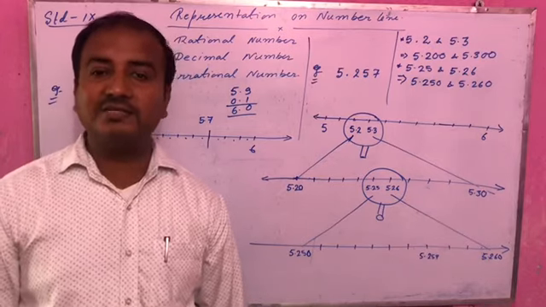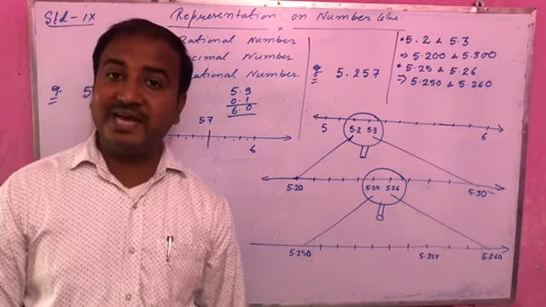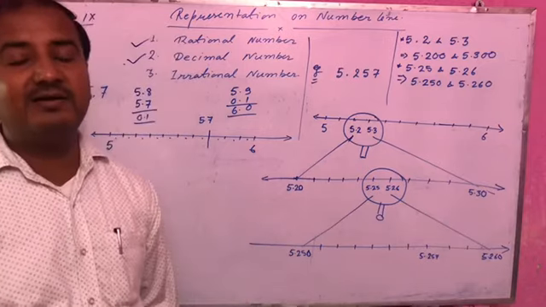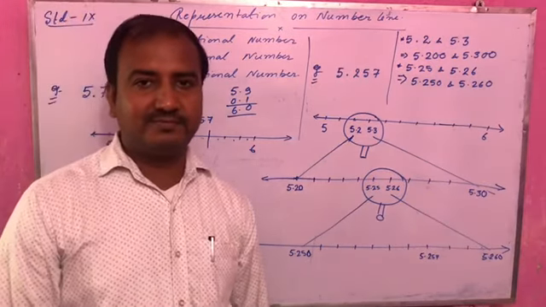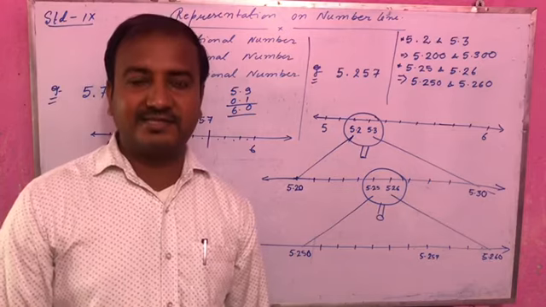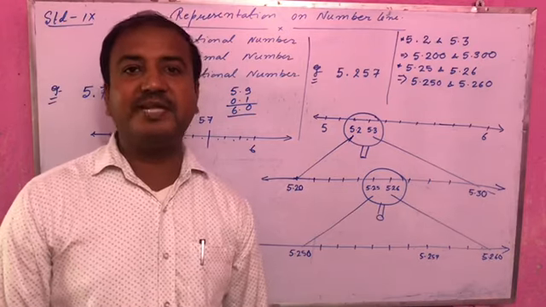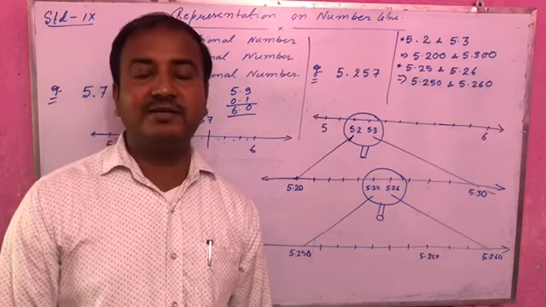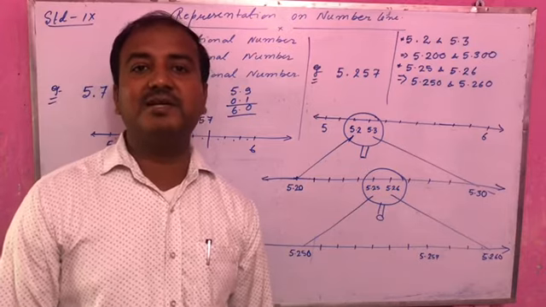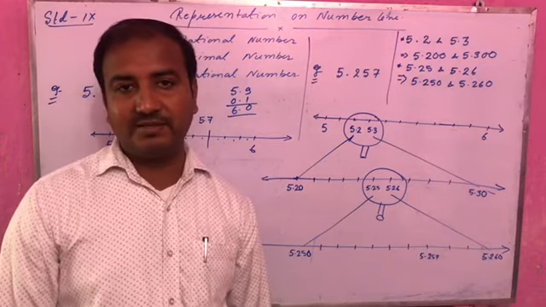In the next class, in class 7, what we had learned? We had learned regarding integers and their properties for fundamental work, addition, subtraction, multiplication, division in detail.